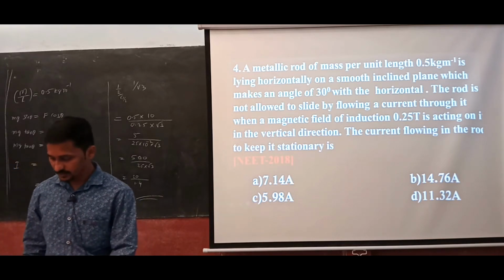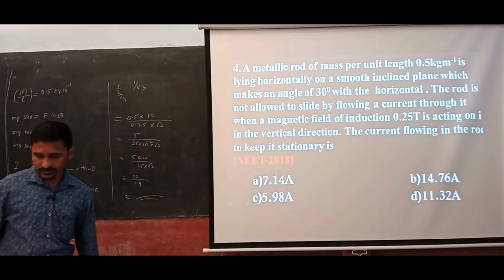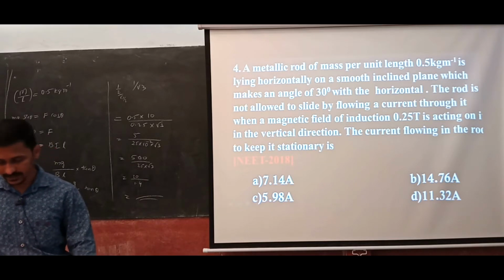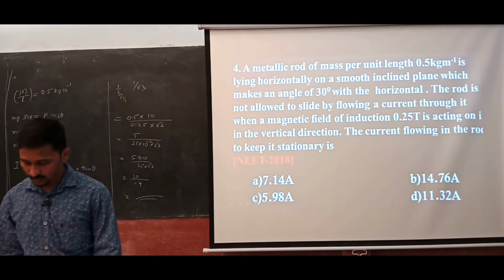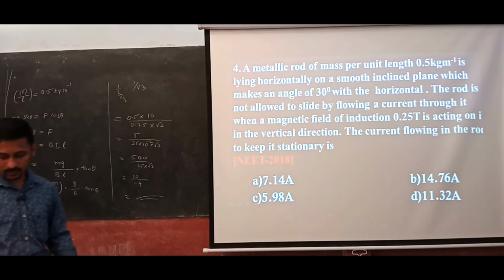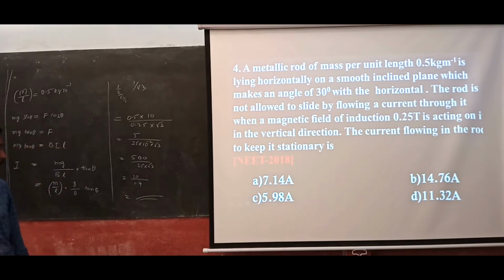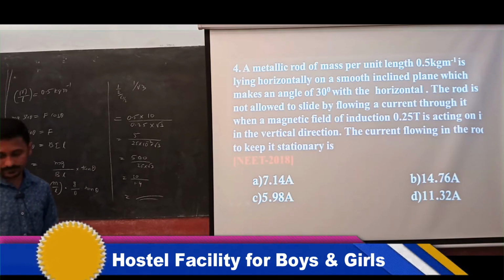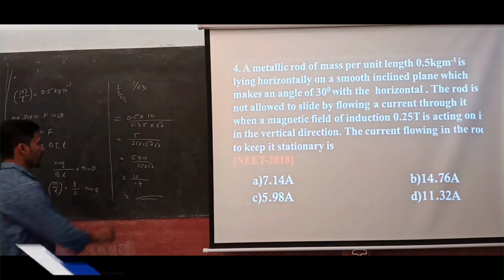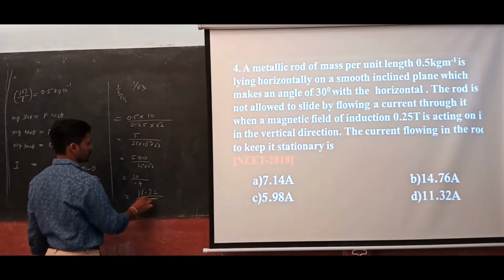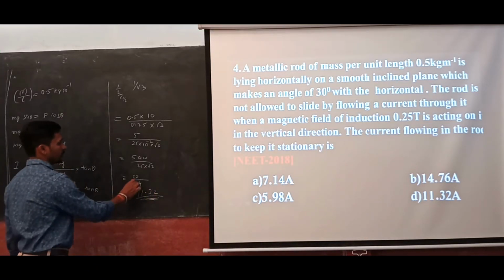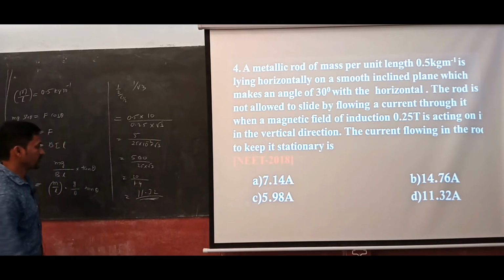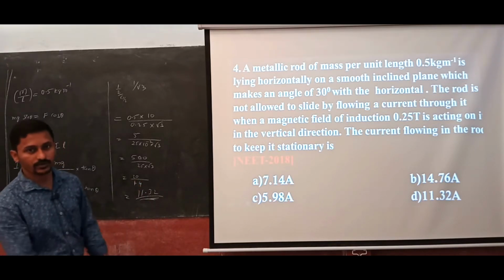You are going to get 5 by root 3, 0.25 divided by root 3 into 10, that becomes 5 and 0.2, so you are going to get 11.32, isn't it? 11.32 you are going to get.